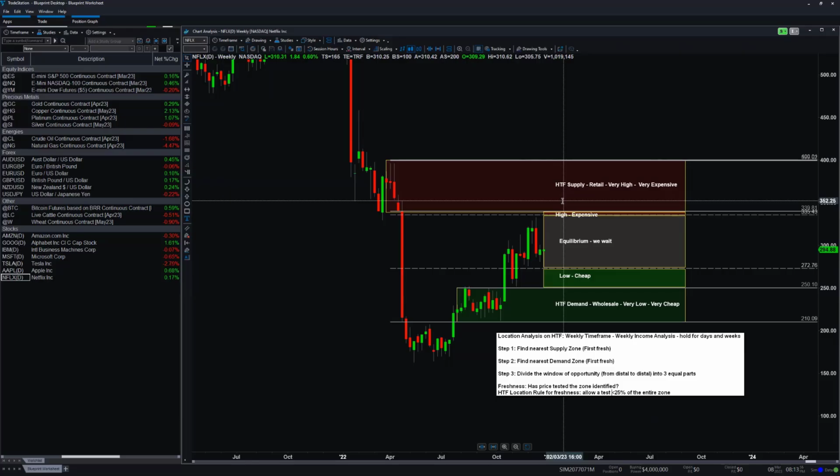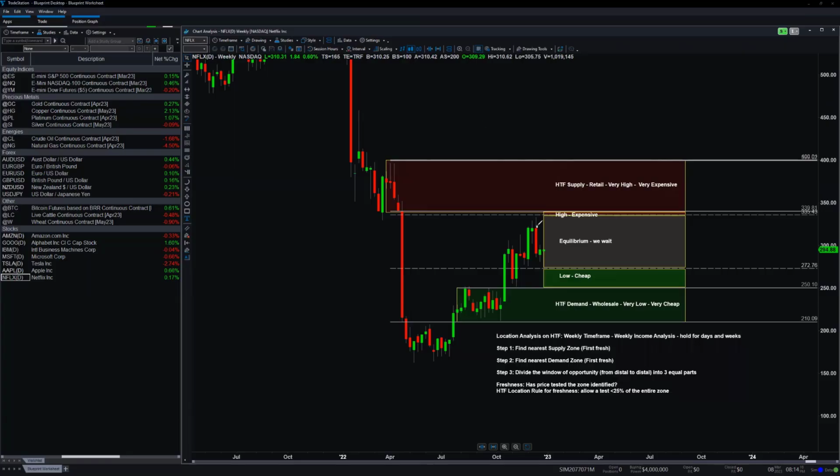You don't have to take the measuring tape out. You can just eyeball it and say, if price is testing it by more than 25%, and for example, you would see this wick here that you see right here, that wick would go to here and you would find the zone, then you would say, hey, price has tested the zone by more than 25%. It's not fresh anymore. What I have to do is I have to continue looking above and to the left and then find new supply.